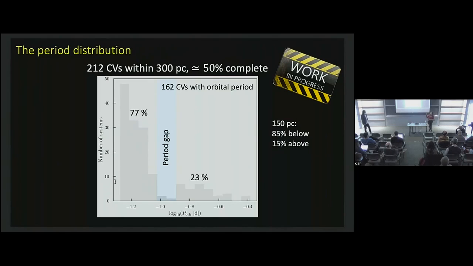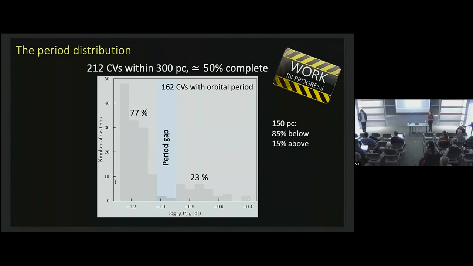So I think this 50% completeness takes that into account. And the systems that are missing here are definitely period bouncers, nova-likes, and polars. Also polars, if they stay in high states and there is no variability, then you don't find them. Okay.